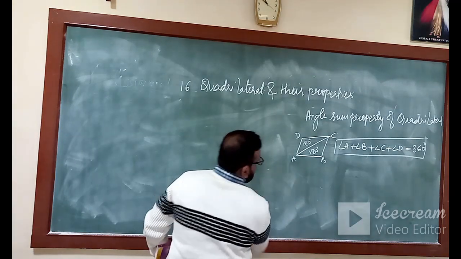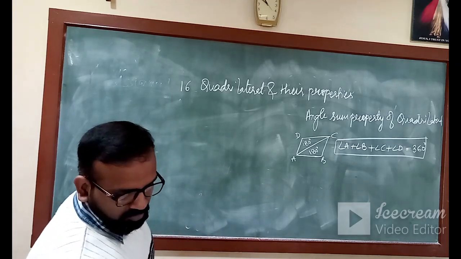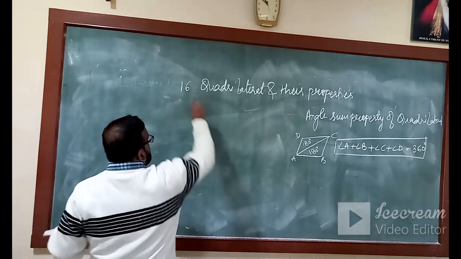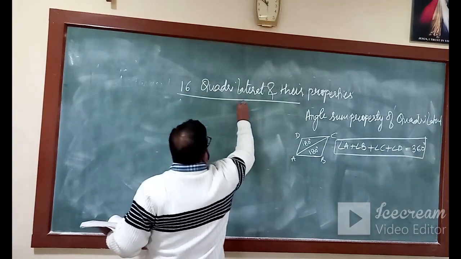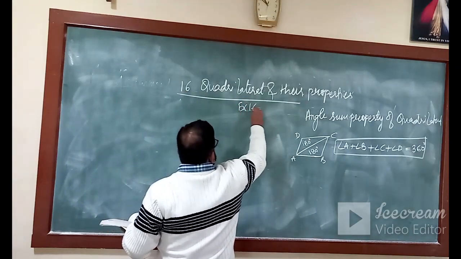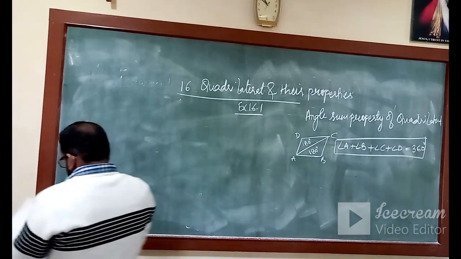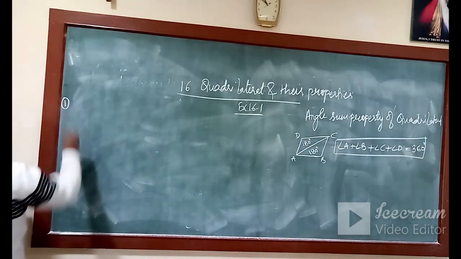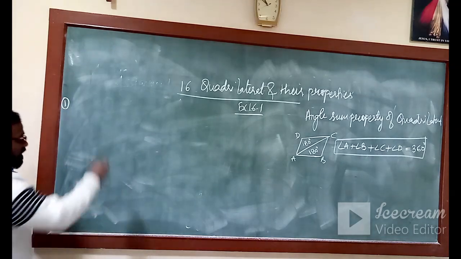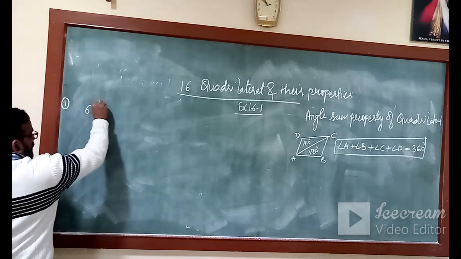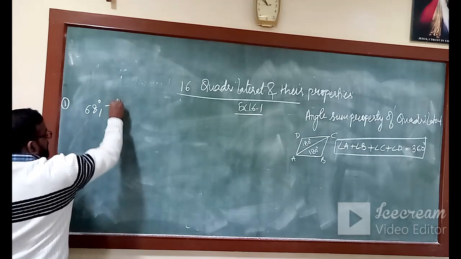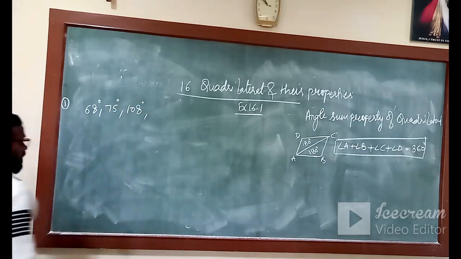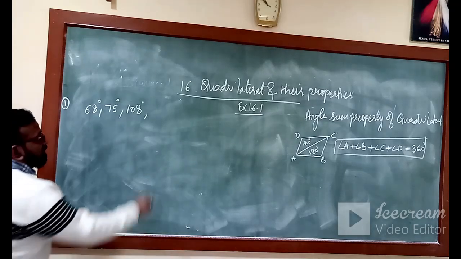Let's see a few questions related to the property that I have written. Exercise 16.1. The very first question says, if three angles of a quadrilateral are 68 degree, 75 degree, 108 degree, we have to find the fourth angle.